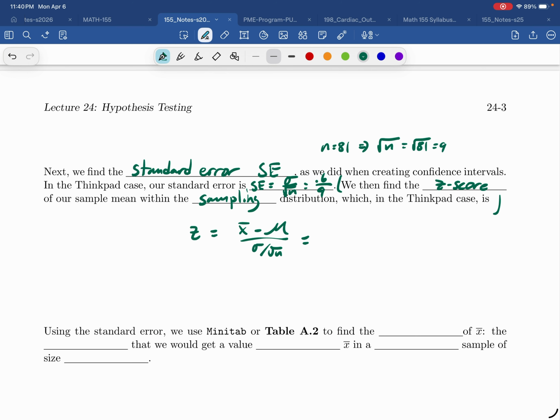Which in our case is going to equal 7.3 minus 7.5 divided by 0.6 over 9.